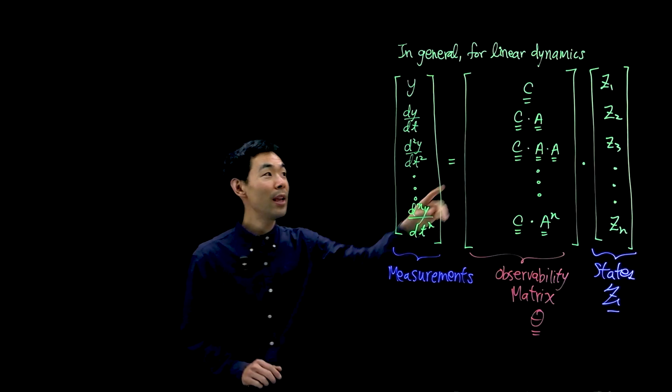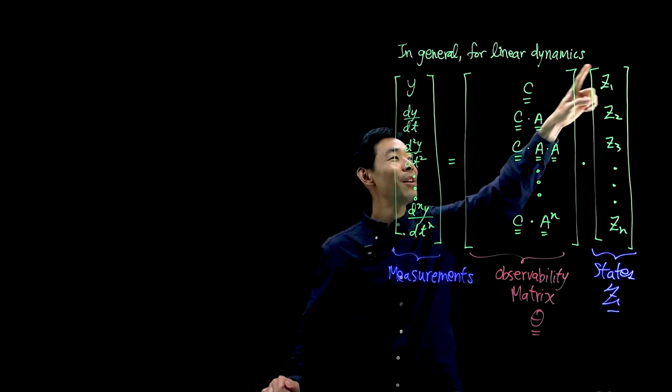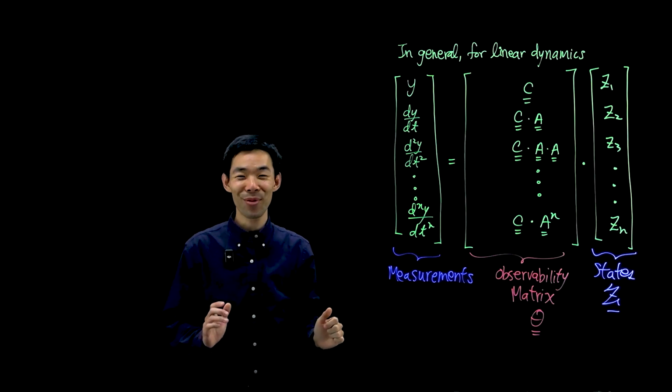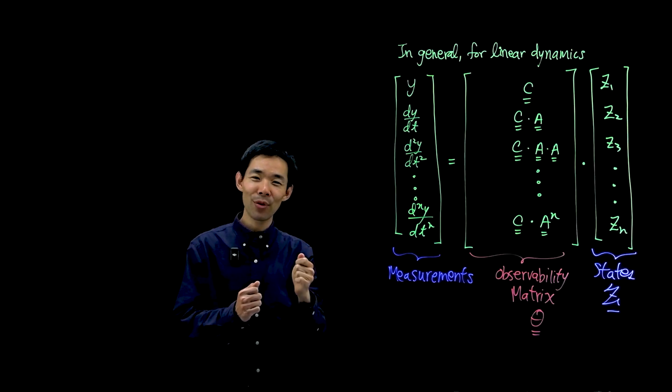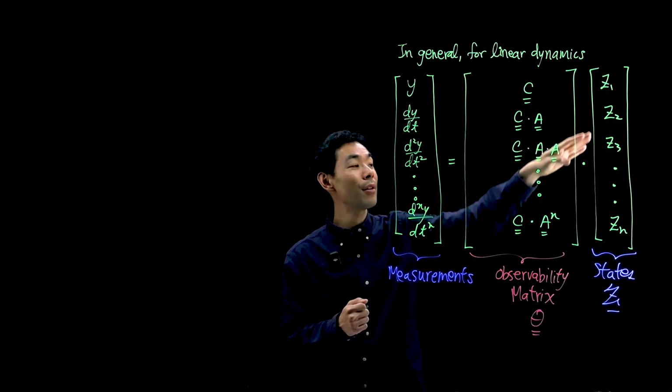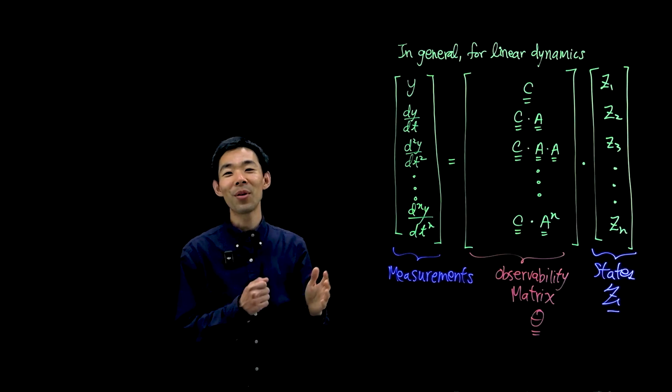For example, if I only have a measurement of one of my variables, right here, z1, it might be, for example, the temperature. And let's suppose that the temperature equation through the dynamics is related in a linear fashion to the other unmeasured states in your system.